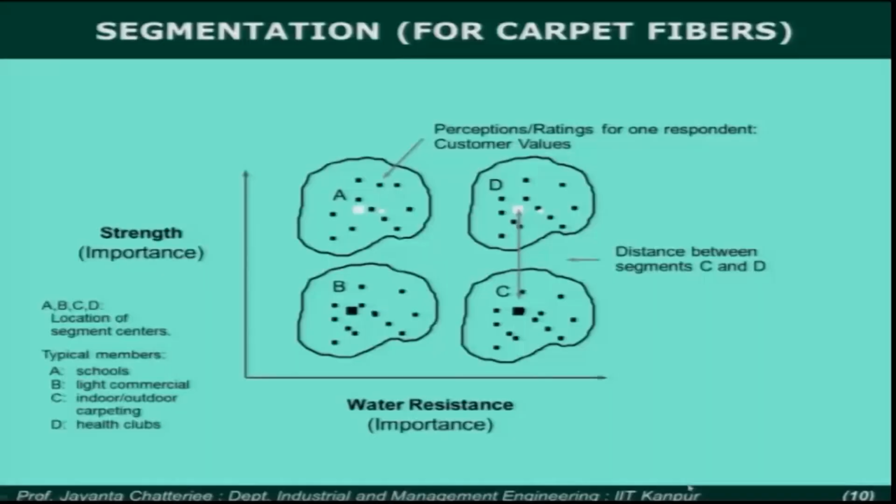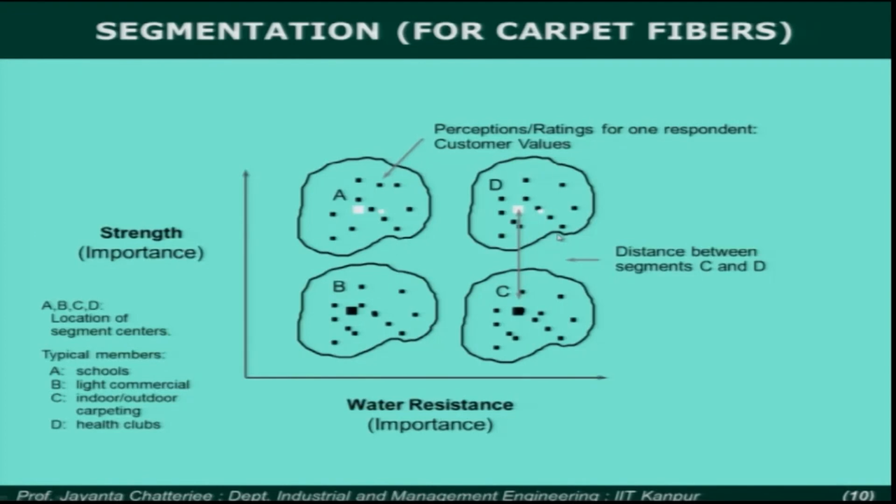So, accordingly, depending on the properties that your product will have, because it is possible that you have a product which is high in water resistance as well as high in strength. That means you are in this particular cluster.